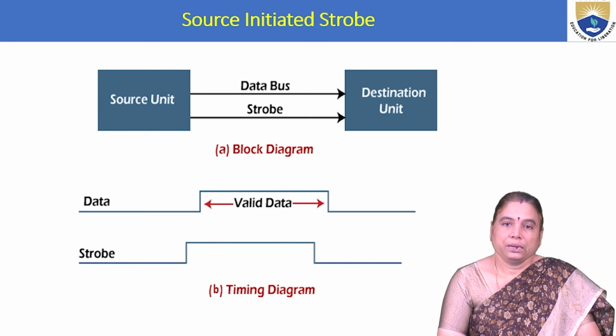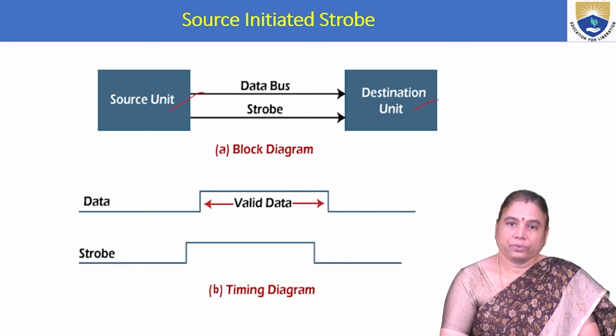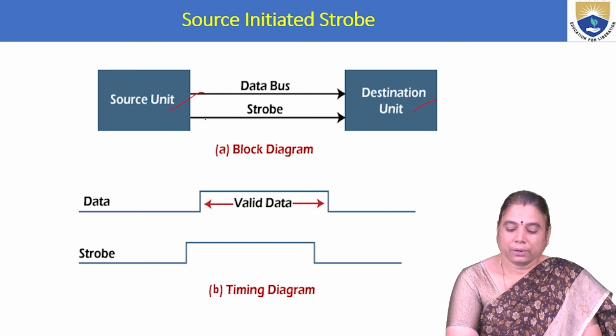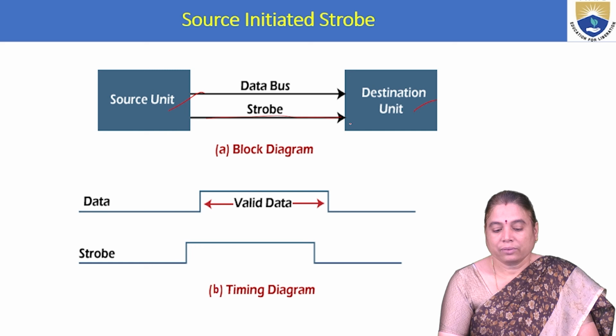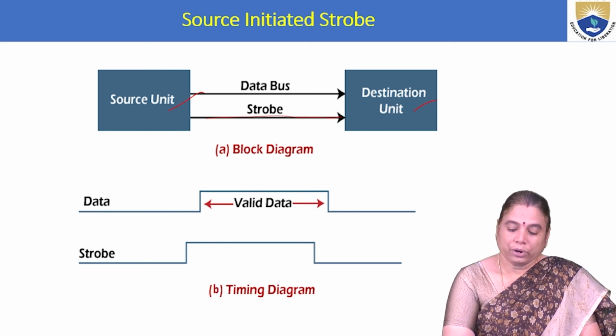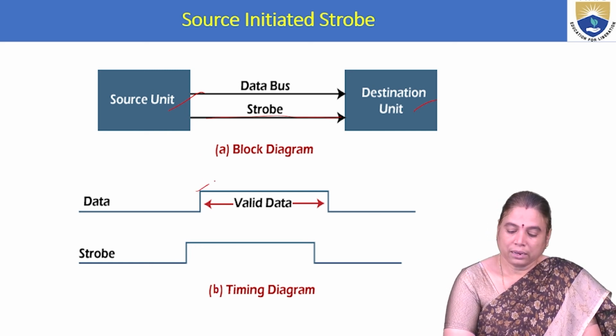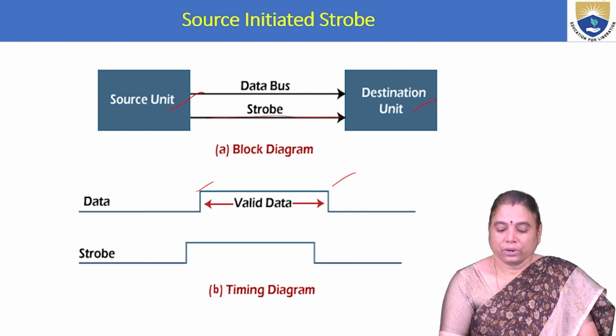What is source initiated strobe? This is the source unit and this is the destination unit. Along with the data bus, the strobe control line has to traverse from the source unit to the destination unit. Only during this strobe signal can valid data be transferred between the source unit and the destination unit.